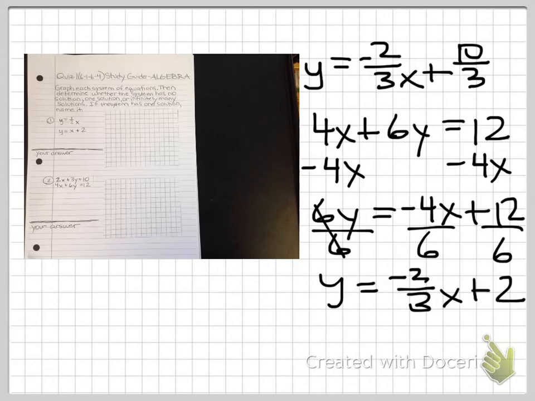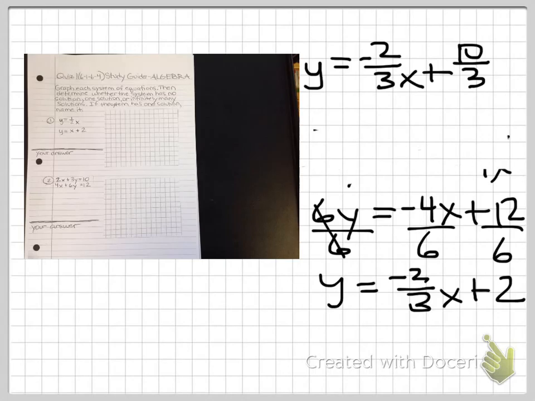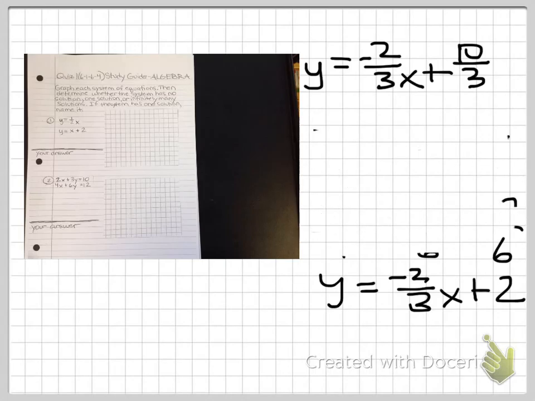And I get y equals -2/3 x plus 2. So if I look at both of these now, I notice that they have the same slope, but a different y-intercept. So this is actually going to be no solution, so they're not going to cross.